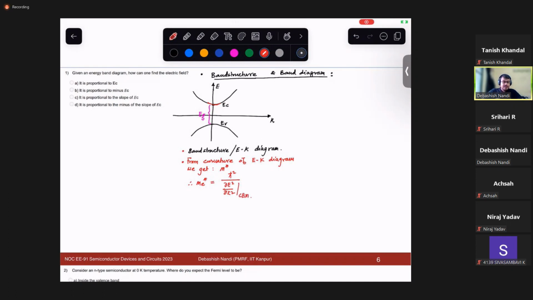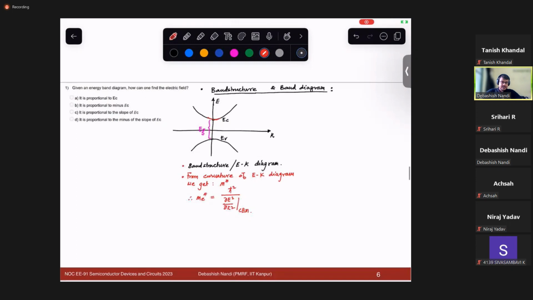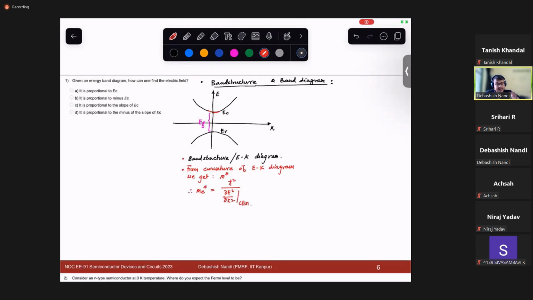So this we have discussed in the last class. So this is band structure. By the way, K is a vector, I have mentioned. If you go for higher studies, you will find some very complicated band structures. This is the simplest one. It is similar to the free electron or parabolic approximation.